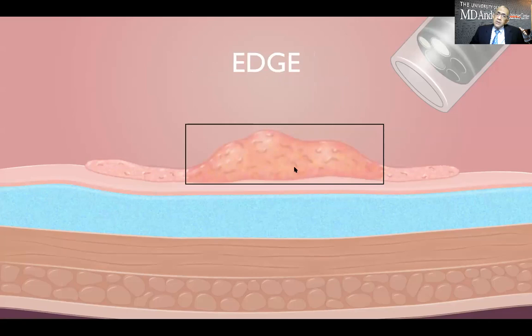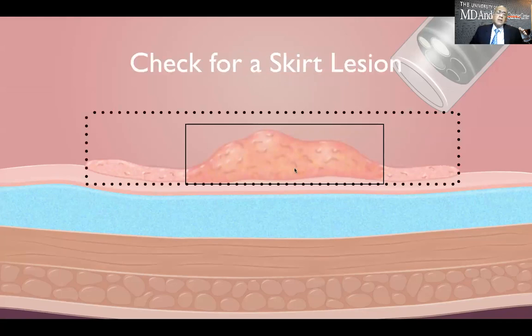Look at the edge and define the edge. Recently, there are some reports to indicate that unless you take a closer look at the edge, you may be missing what we call a subtle skirt lesion around that edge. And that subtle skirt lesion, if it is not included in the resection, is likely to come back. So something to keep in mind.